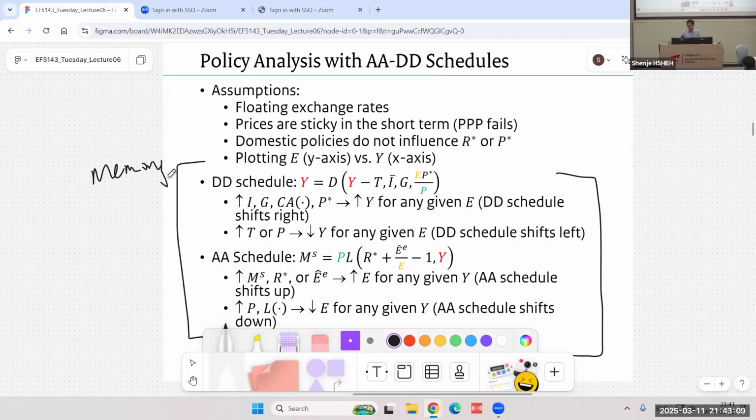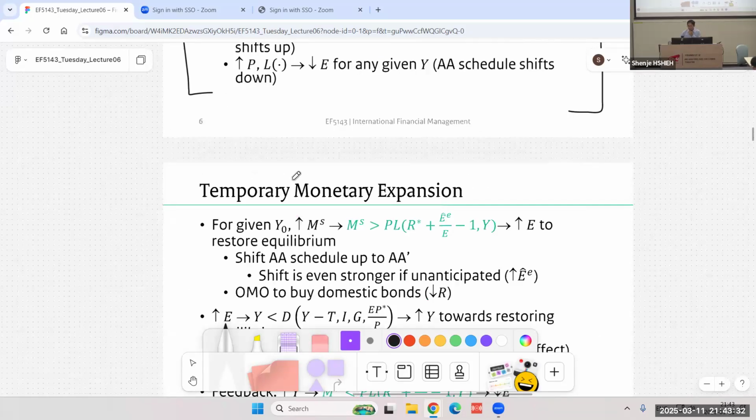So commit to memory, it's fine. But I think if you walk through everything yourself, you don't have to remember anything. You just need to know the intuition. I'm very bad at memorizing things, so I wouldn't even consider memorizing stuff. I would just do it once by myself, and then it should be very easy to replicate again and again and again. All right, so that's how you shift the curves.